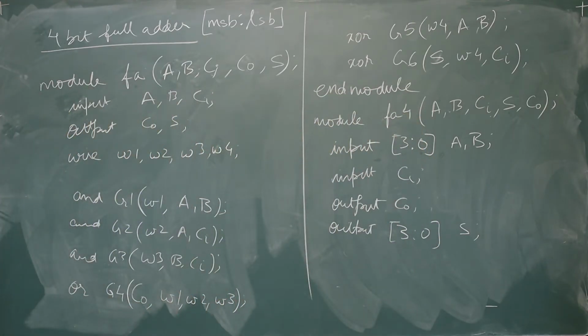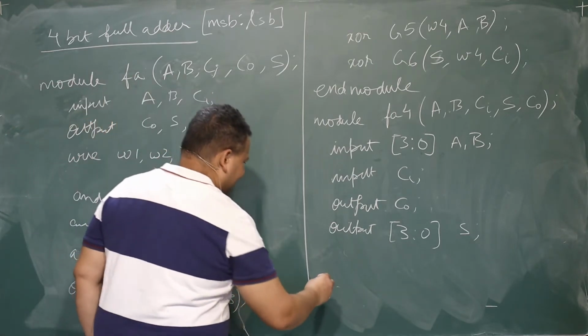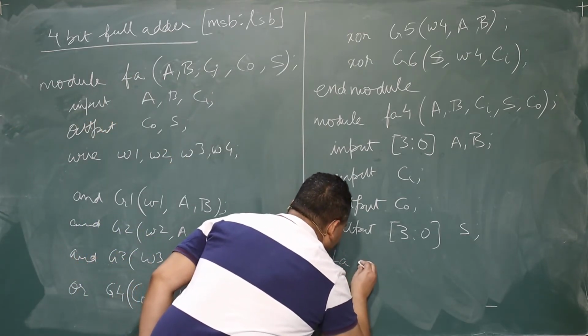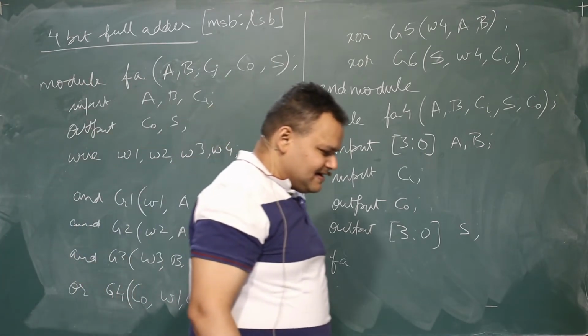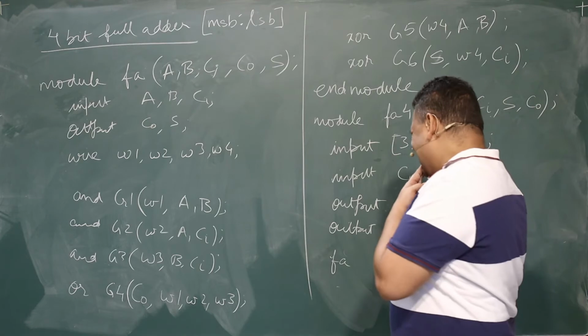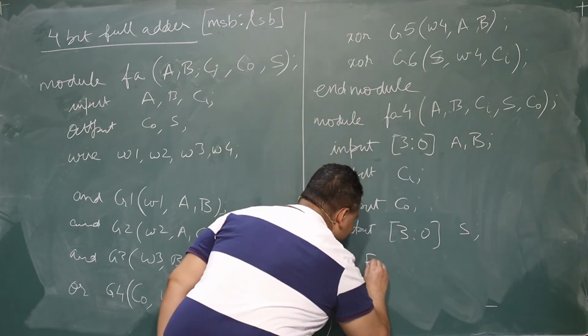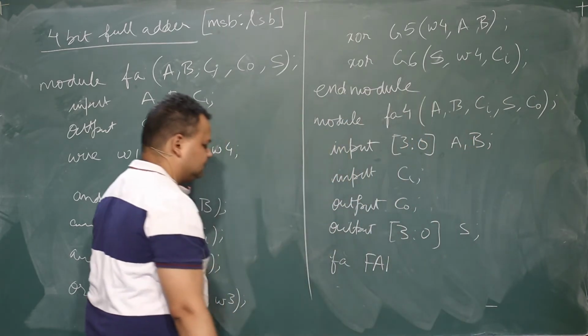So I'm going to call fa. What are the inputs going to be for my first such instantiation? Let me call that capital fa1.